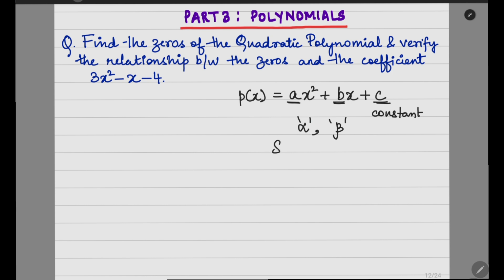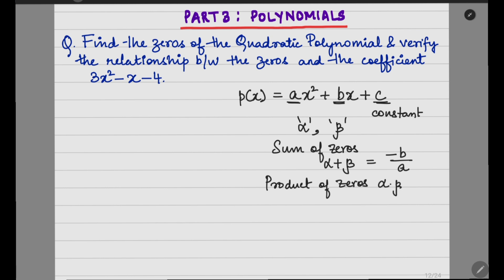Then the sum of the zeros, that is alpha plus beta, will be equal to minus b by a, and the product of the zeros, that is alpha multiplied by beta, will be equal to c by a. This is what you'll have to remember. All of the problems that we will be doing today will be related to this.